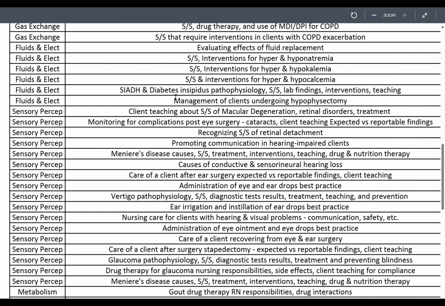Can they breathe through their nose? No, they'll have to be mouth breathers for at least 2 days. It's a tight packing. And is the drainage going to be clear or bloody? Bloody. You expect it to be bloody. And how do you know whether the liquid coming out has CSF or not? What does CSF contain?